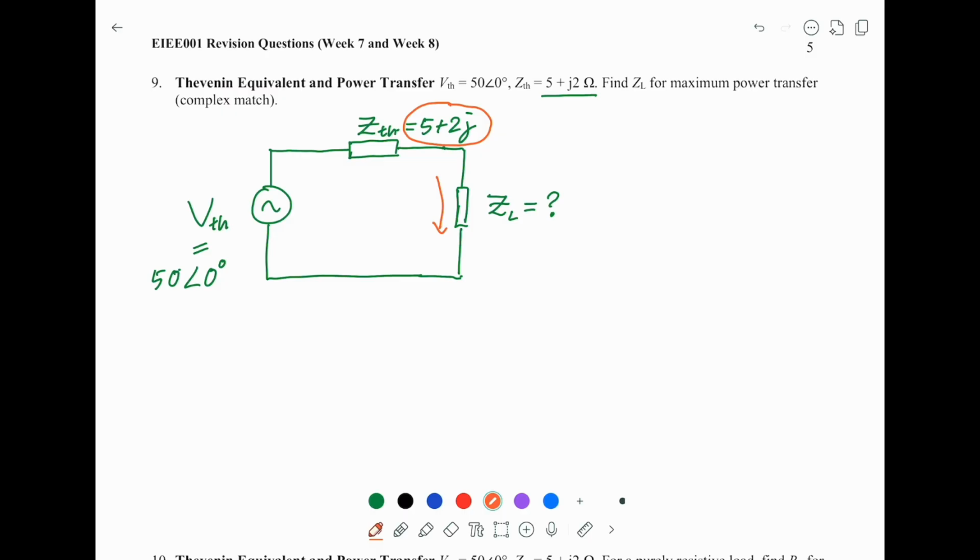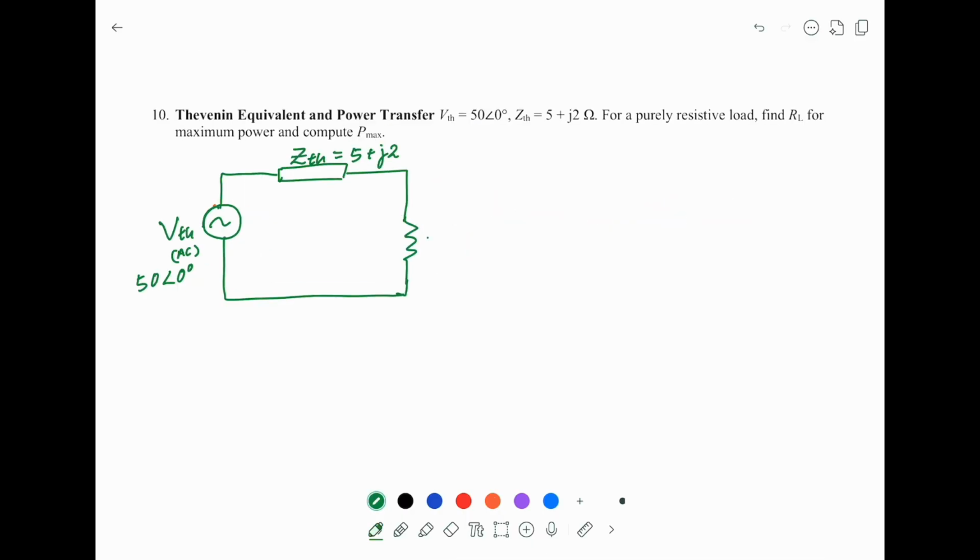It means this should be 5 minus 2j ohm. If you can reduce your AC circuit into the Thevenin equivalent AC source and the Thevenin equivalent complex impedance ZTH, in this case, you can find the maximum power it will get from this circuit.